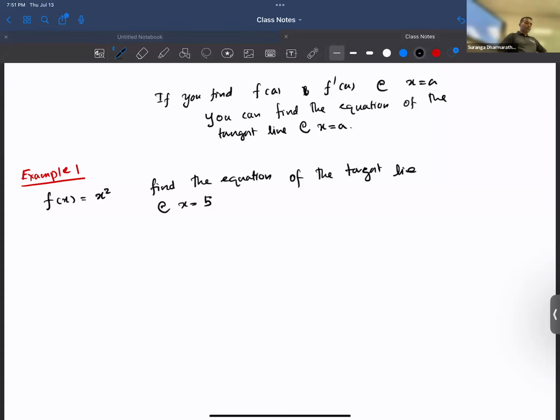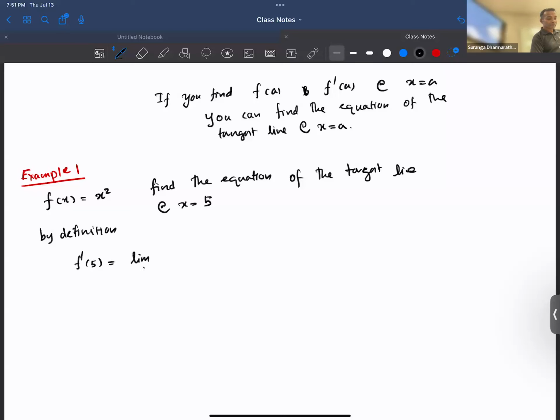Okay. So already past 3 minutes. So what do we need to find? We need to find f of 5 and f prime 5, right? Makes sense? By definition, f prime of 5 is equal to what?